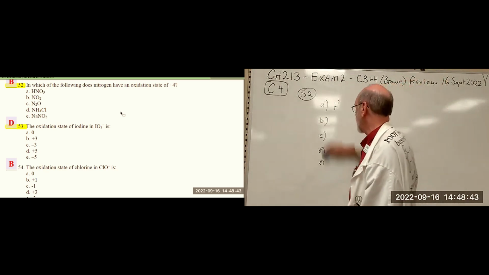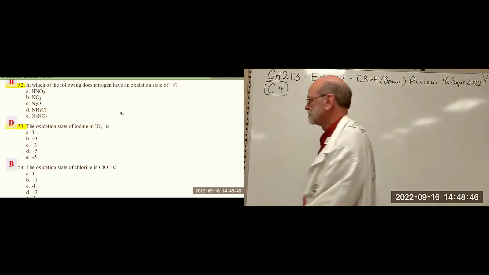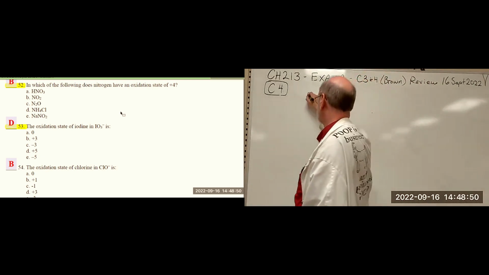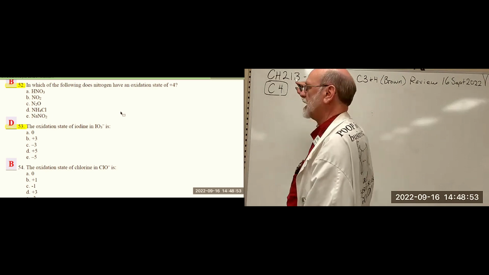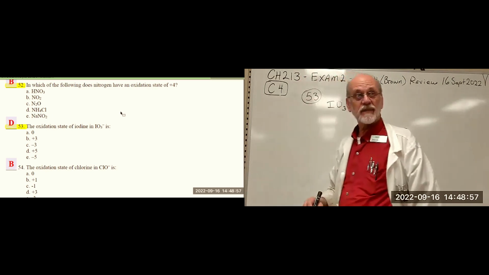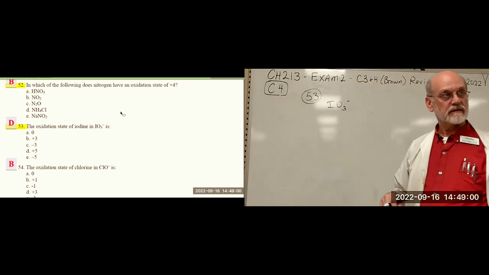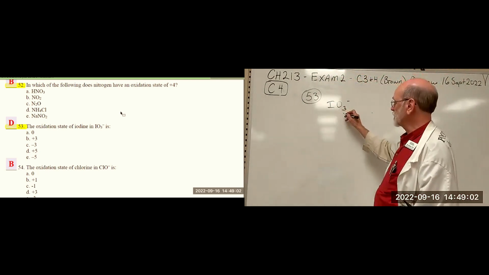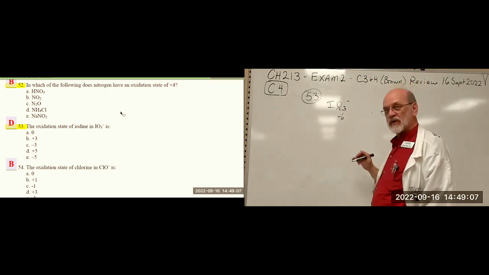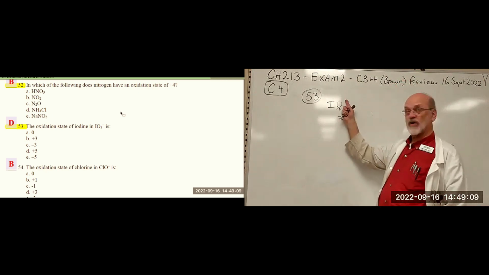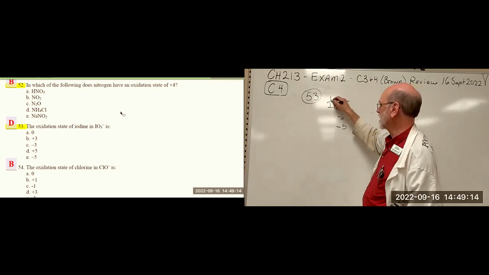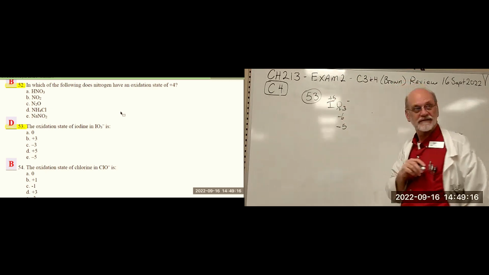Let's do one where we have an ion. How about 53? IO3-. That's a polyatomic ion, iodate. All right? So this oxygen is -2 times 3 is -6. But we got to hold out one of those minuses for that charge. So you only have to balance -5 with that iodine. Okay?